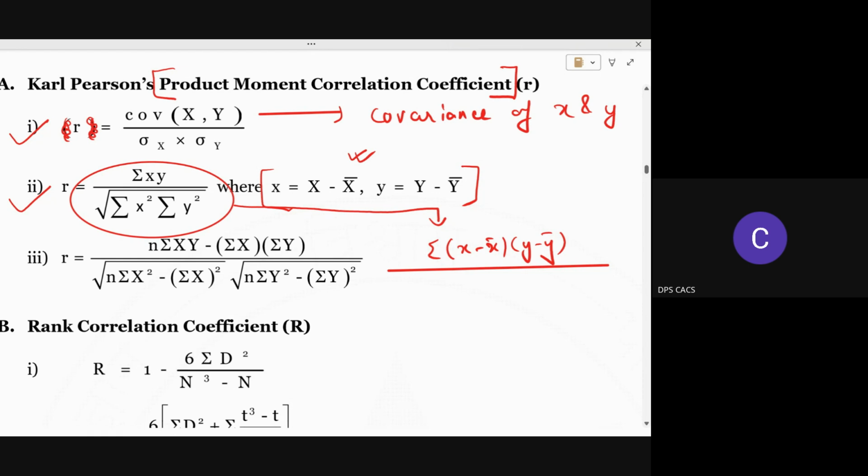If I include the condition, then the numerator is this. And what is the denominator? There is a root in which we have summation of x minus x bar whole square into summation of y minus y bar whole square. This is the main formula.